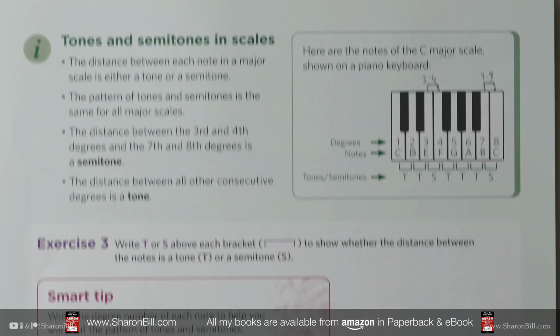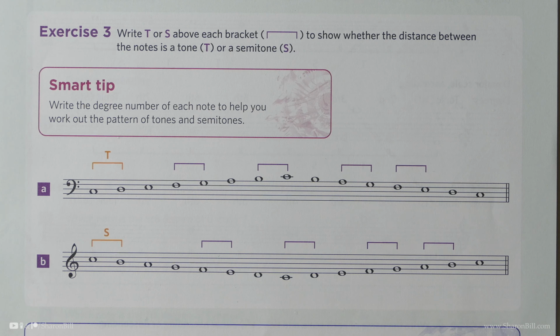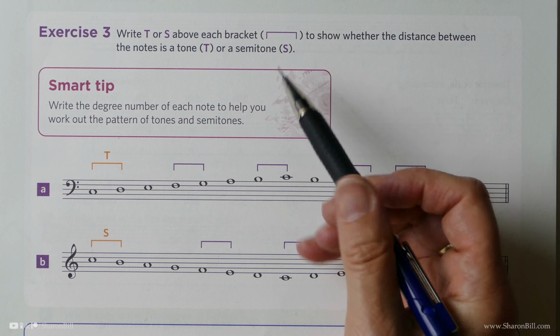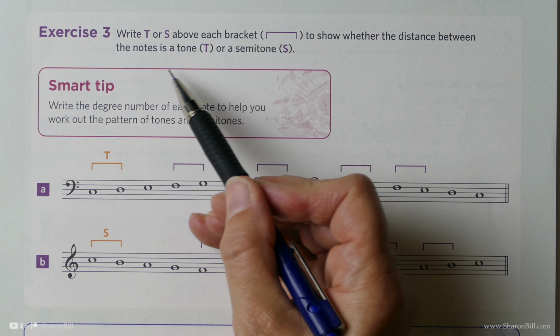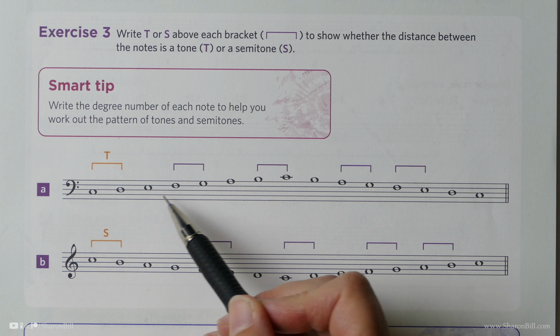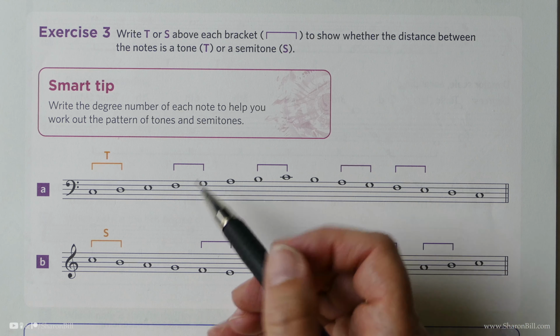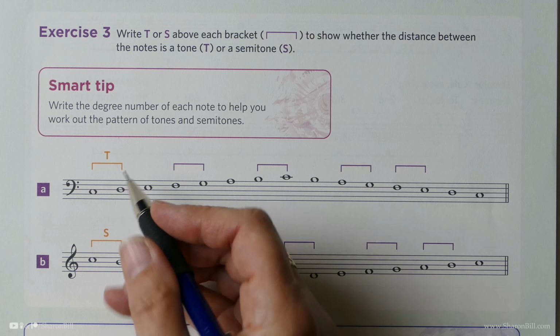And so, in exercise 3, we're asked to write tone or semitone above each bracket to show where the distance between the notes is a tone or a semitone. So we're asked to particularly describe. Now, I agree with the smart tip here for sure. Let's write the degrees of the scale.